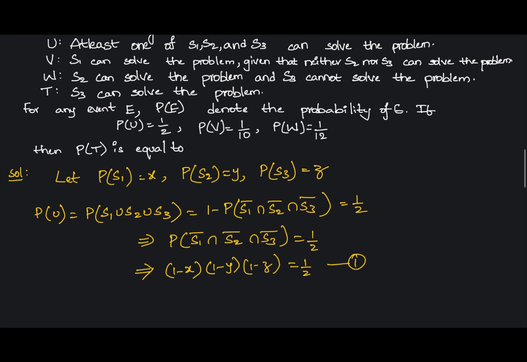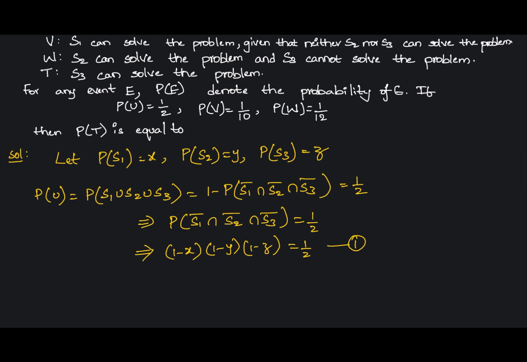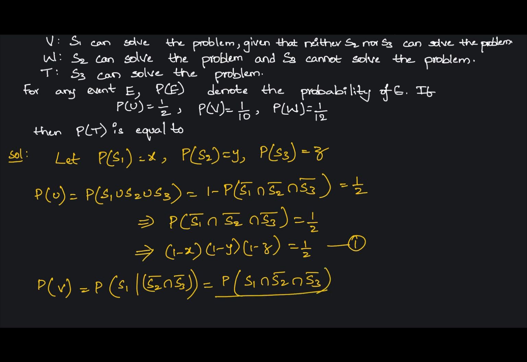Now let's go to event V, where S1 can solve the problem given that neither S2 nor S3 can solve the problem. So P of V equal to P of S1 given S2 bar intersection S3 bar, which can be written as probability of S1 intersection S2 bar intersection S3 bar divided by probability of S2 bar intersection S3 bar.